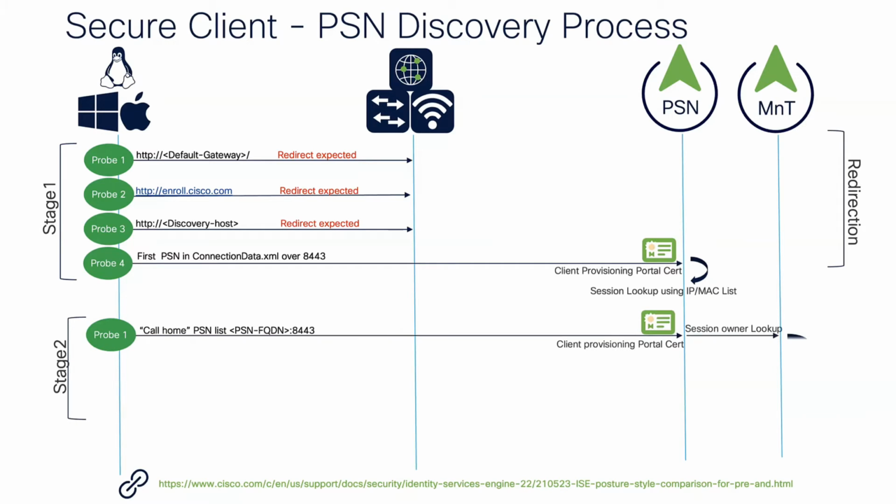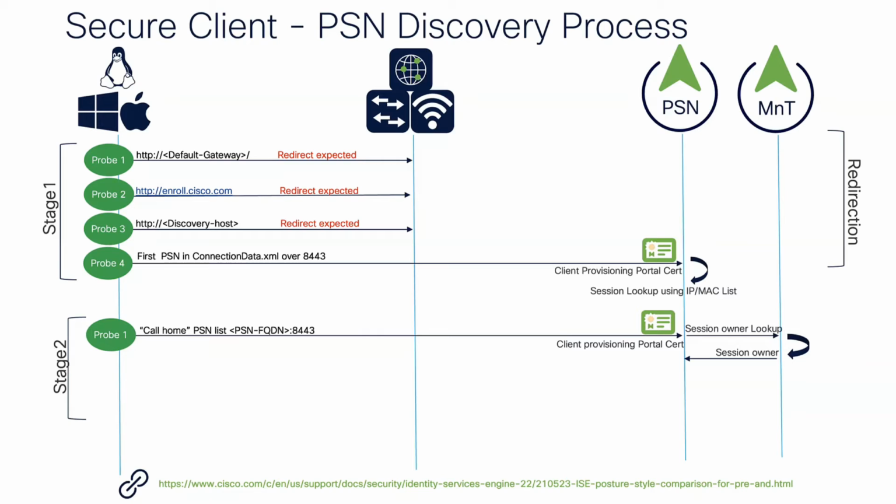Consider a second scenario where I haven't configured a redirection at all, but I want my Cisco Secure Client to talk to a specific PSN. So I'm statically configuring the Cisco Secure Client to talk to a specific PSN over a specific port number with what's called a call home list.